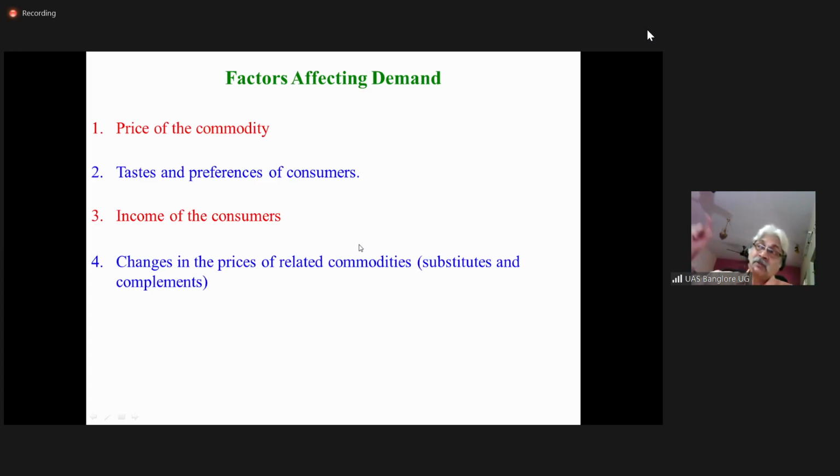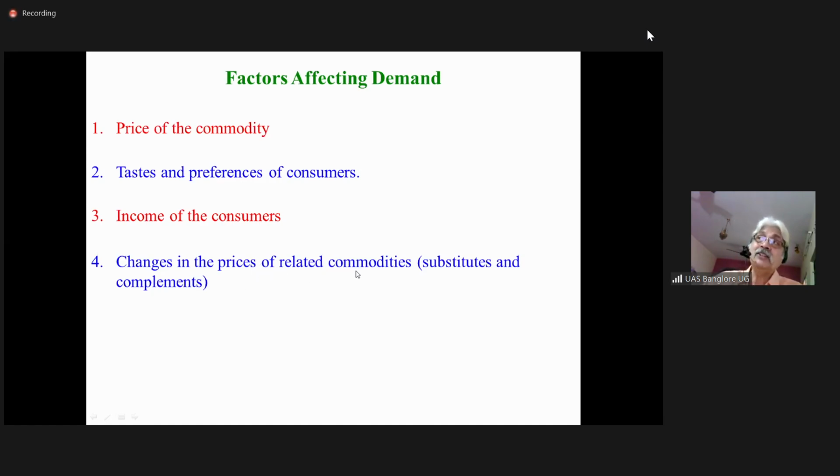If petrol becomes very costly, now it has crossed 100 rupees in Karnataka also, suppose it further increases to 125 rupees, then the demand for cars decreases. Instead of using a car, I'll go by bus, I'll go by metro train. So they are complements. Naturally, demand is affected by prices of related commodities.